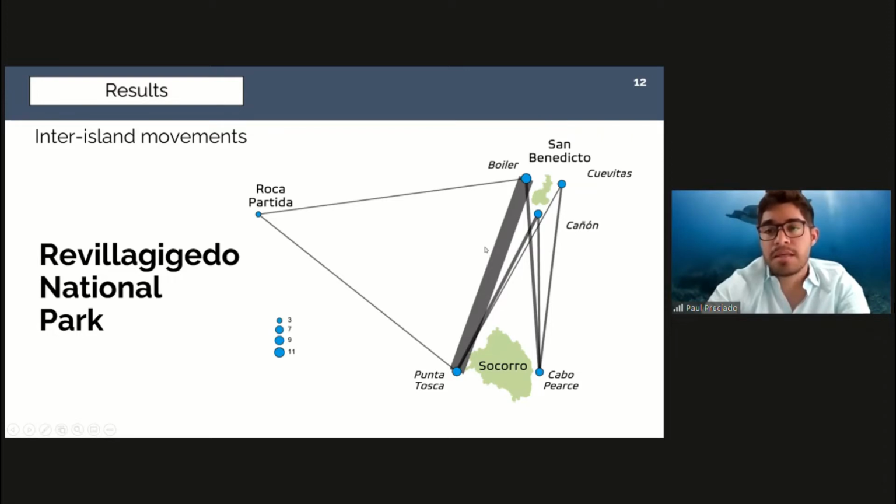The thicker line means a greater number of movements of the manta rays in the area. And we found that a corridor, a preferred route of the manta rays, is between El Boiler and Punta Tosca. 2 manta rays moved to Roca Partida from El Boiler and Punta Tosca as well.